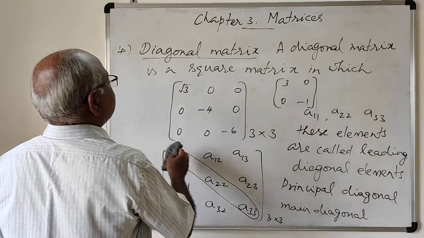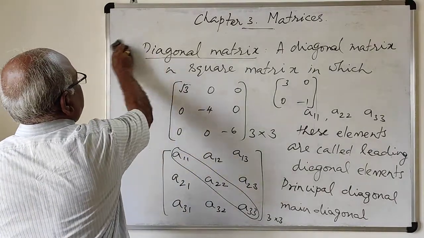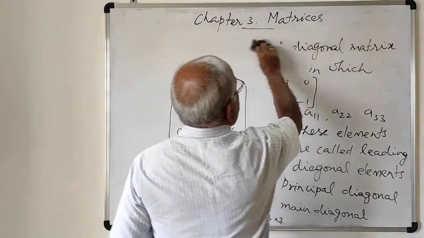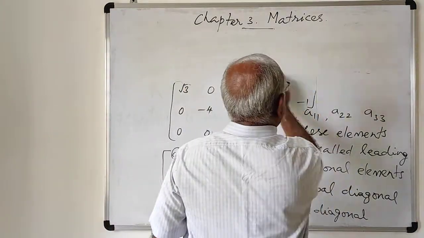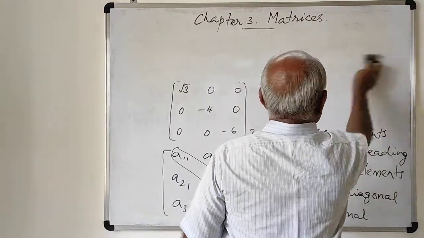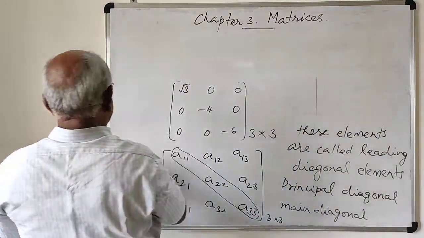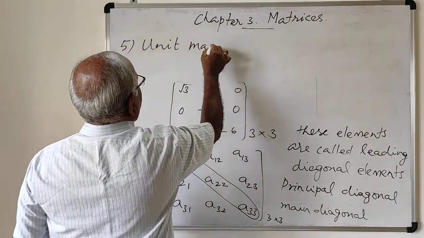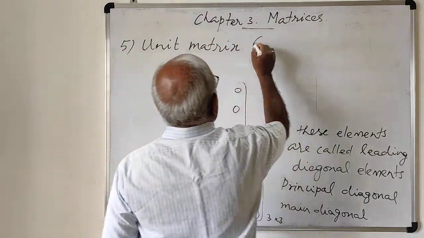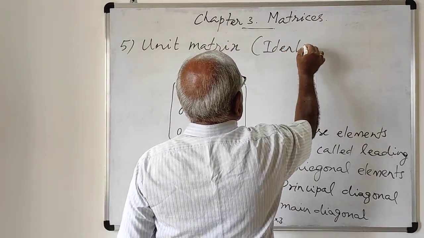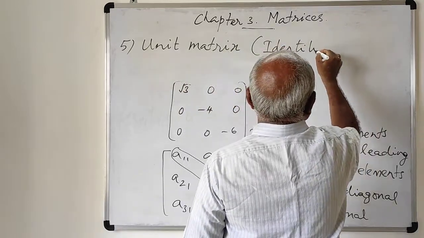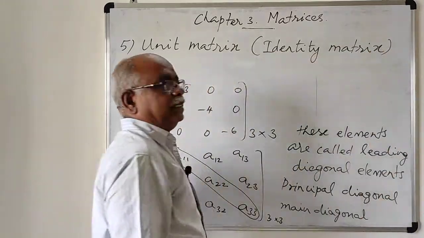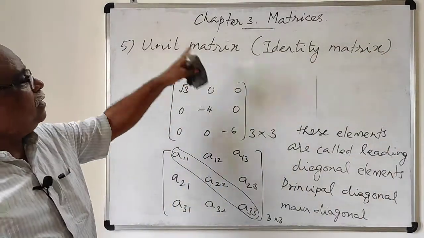unit matrix, or identity matrix. It is otherwise called identity matrix or unit matrix.